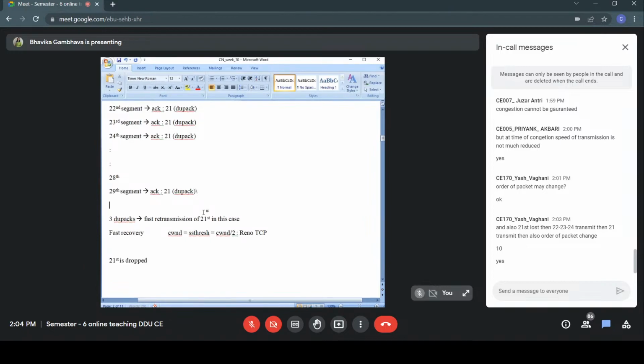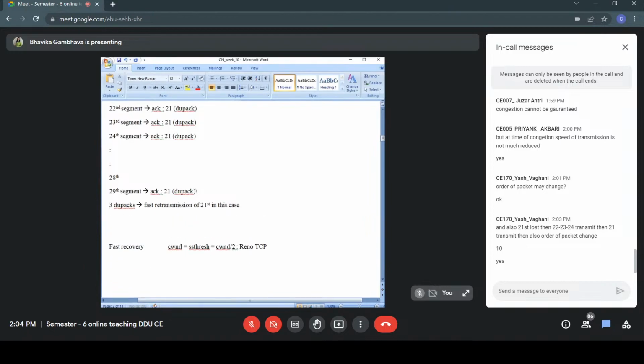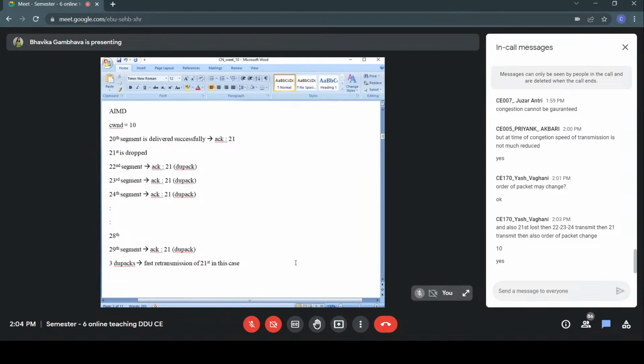So your transmitter is attempting fast retransmission of 21. Now, your receiver has already stored 22, 23, 24, 25, 26, 27, 28 and 29 in the buffer temporarily at the transport layer. It is not delivered to the upper layer, it is stored at the transport layer.